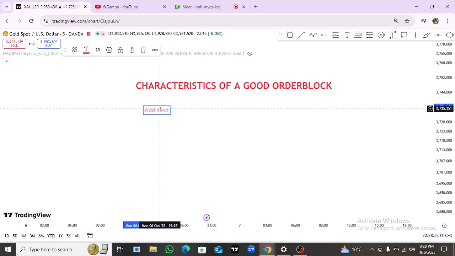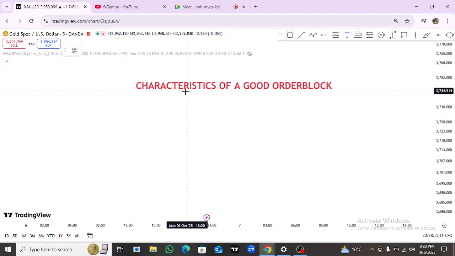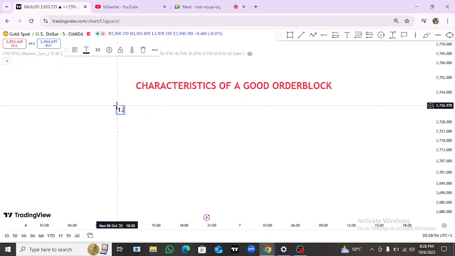What makes you say that this is actually a good order block the moment you see it? Let me give you some of the characteristics that when you see, you know that indeed this is a good order block. Number one, it should cause a break of structure.